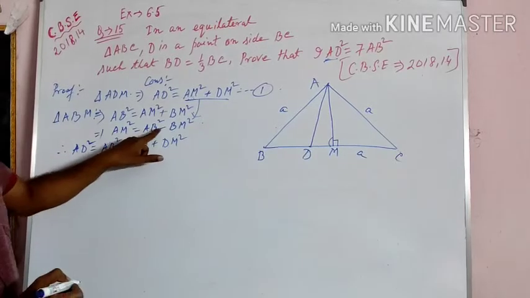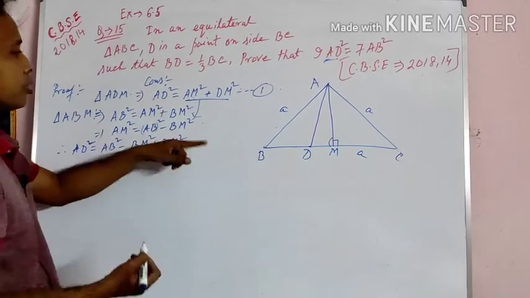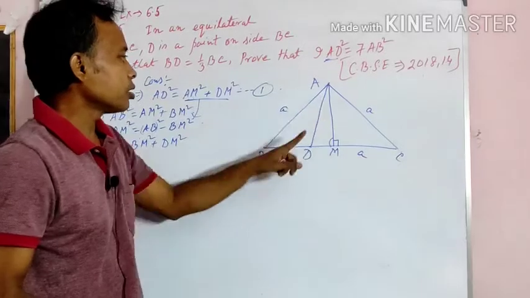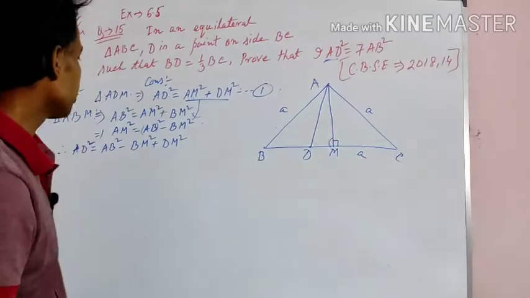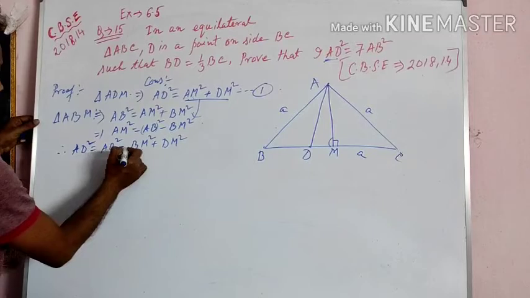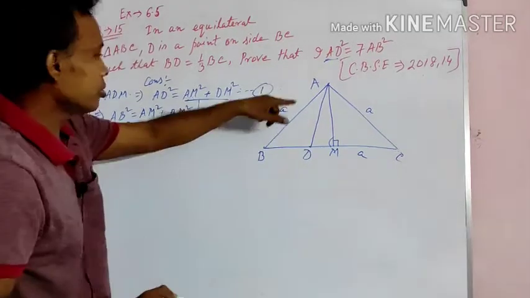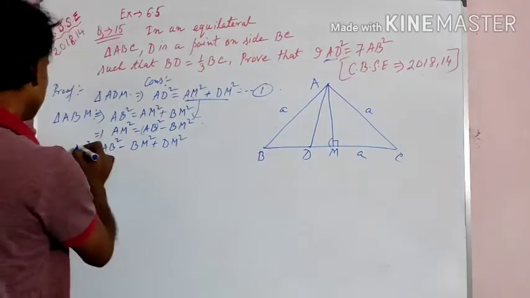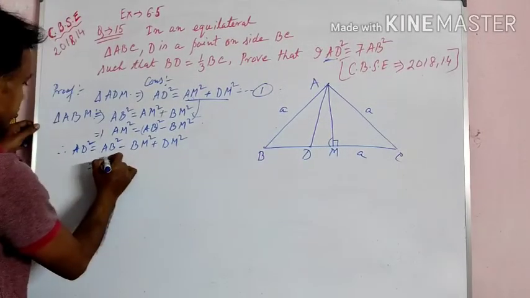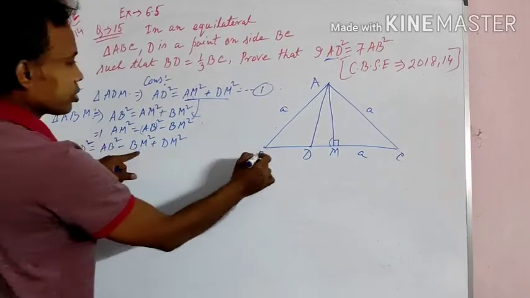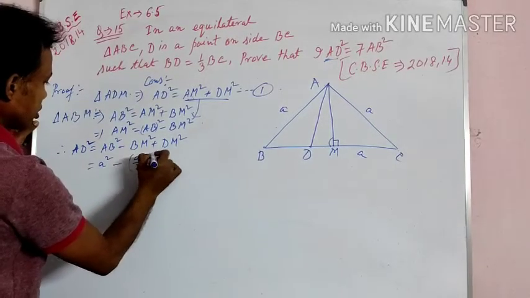AM square is equal to AB whole square minus BM whole square. BM square is equal to A by 2 whole square.